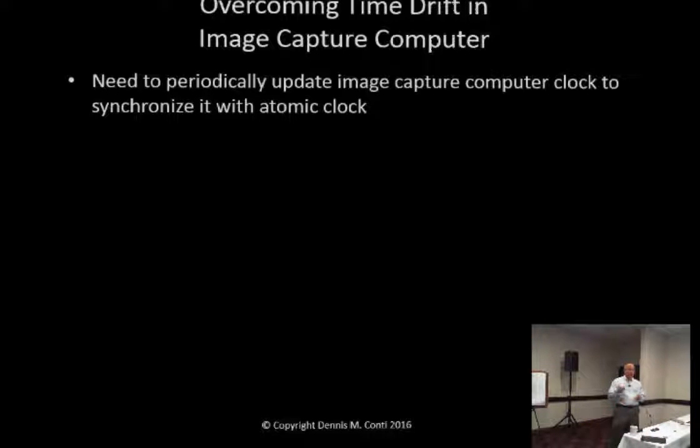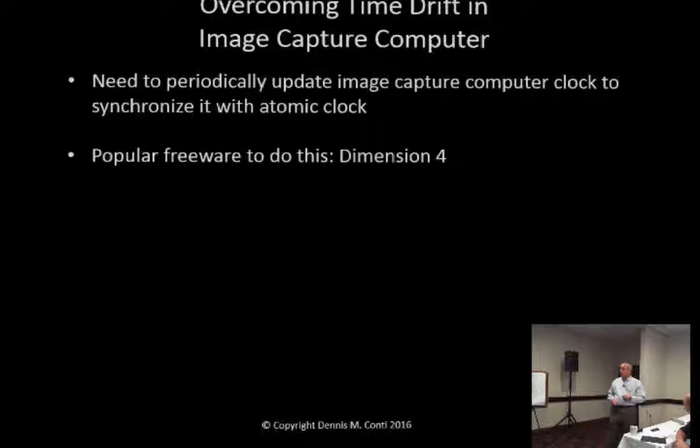The way to do that is to update our computers based on an atomic clock, and there's freeware to do that, Dimension 4. I have it loaded constantly. You can set how often you want it updated. I update mine every 2 hours to stay within milliseconds of the atomic clock, because the accuracy of these transit times is important.